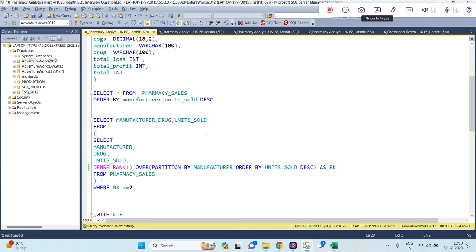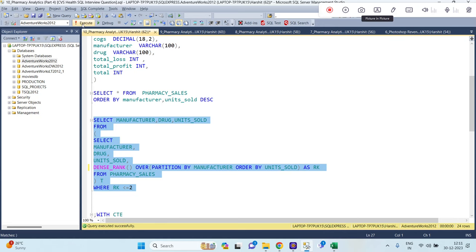So for that result set, what changes do I have to do in the query? Perfect. Here I have to remove this only, because by default it is ascending. By default it is ascending, right?